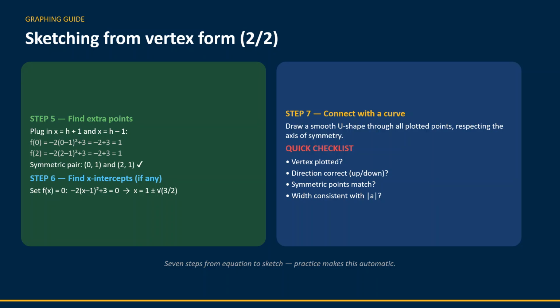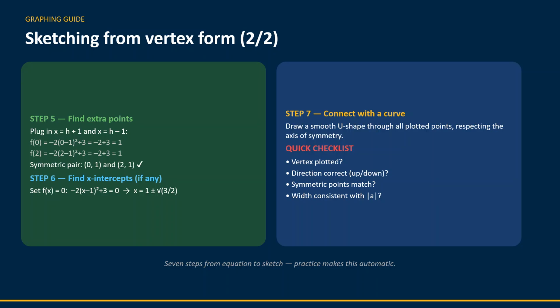Now find the y-intercept and x-intercepts to complete the sketch. For the y-intercept, substitute x equals 0. F of 0 equals 2 times 0 minus 1 squared minus 3, which equals 2 times 1 minus 3, which equals negative 1. So the y-intercept is at 0, negative 1. For the x-intercepts, set f of x equal to 0 and solve. 2 times the quantity x minus 1 squared equals 3.